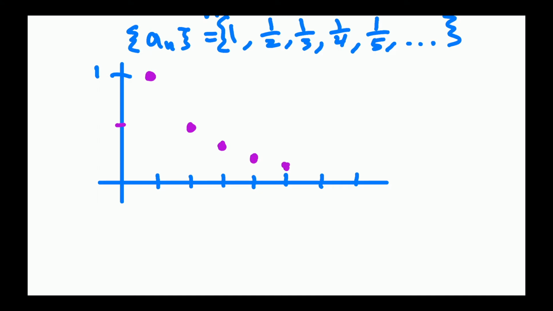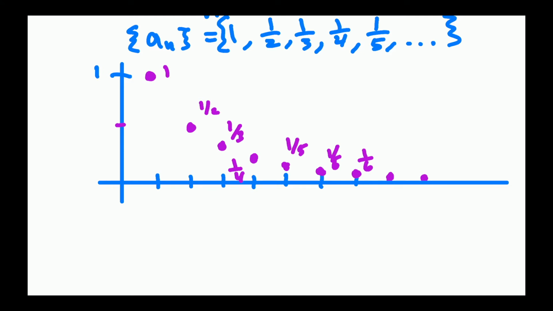And a fifth, then a sixth, then a seventh, then an eighth, then a ninth, and so on. So what's happening there, which you should be able to identify, is that the sequence is approaching 0, right? So we got 1, to a half, to a third, to a fourth, to a fifth, to a sixth, to a seventh.